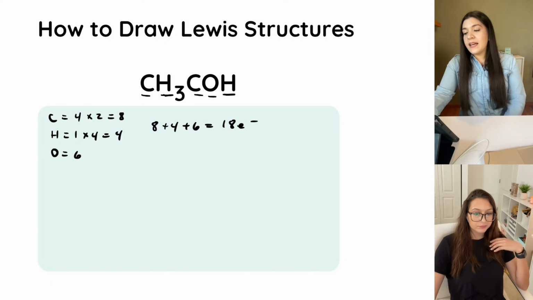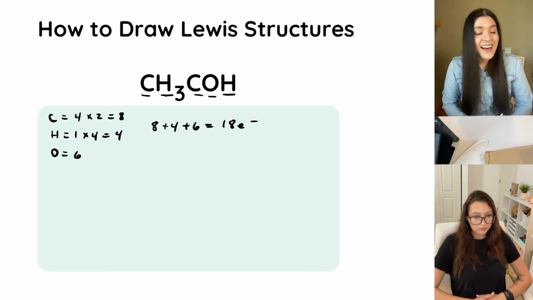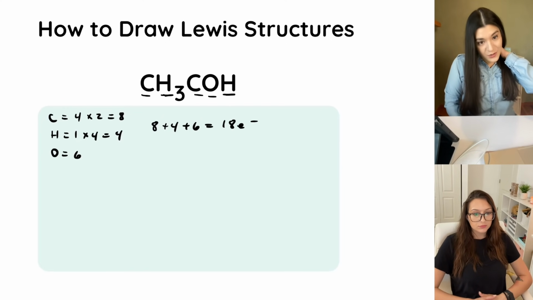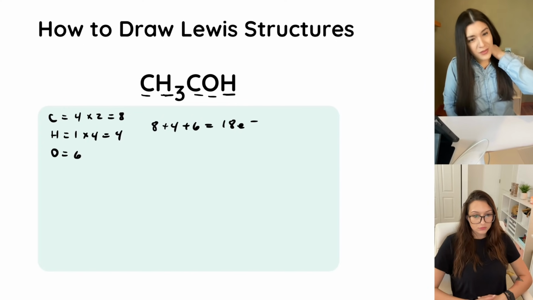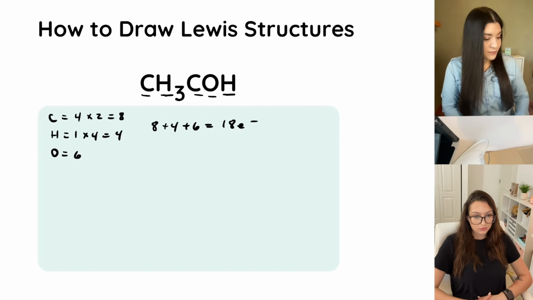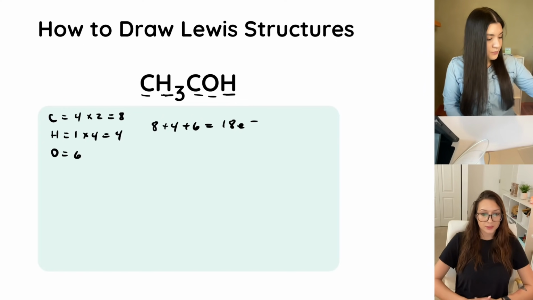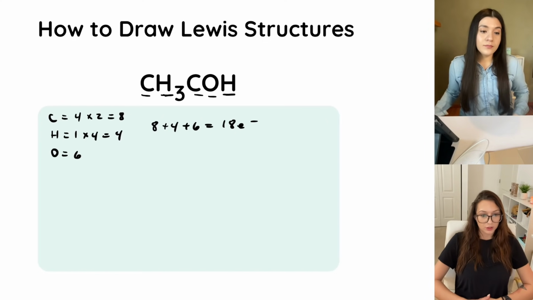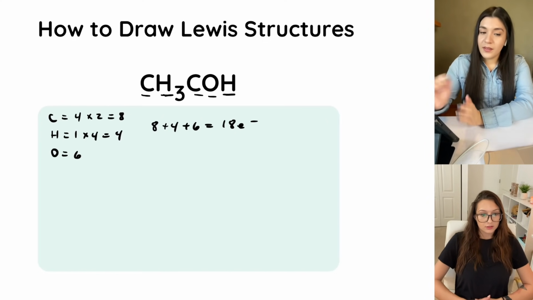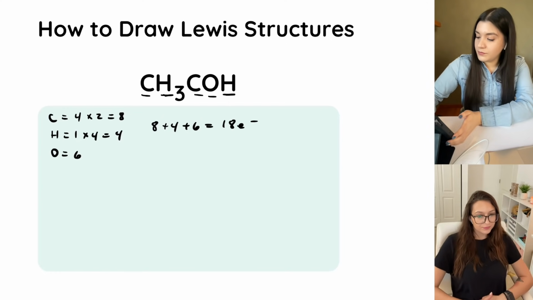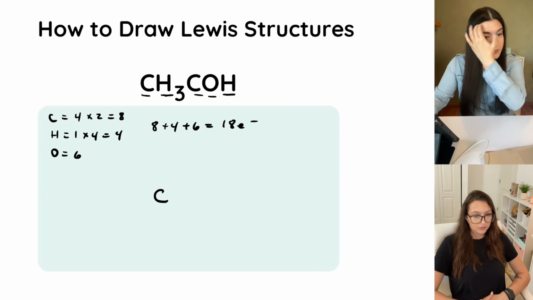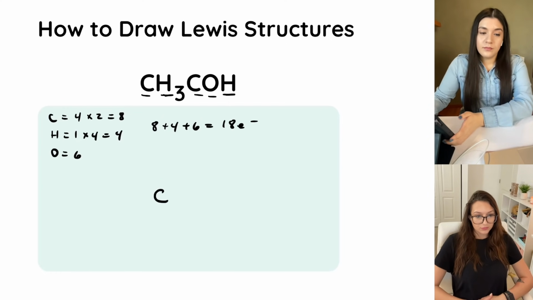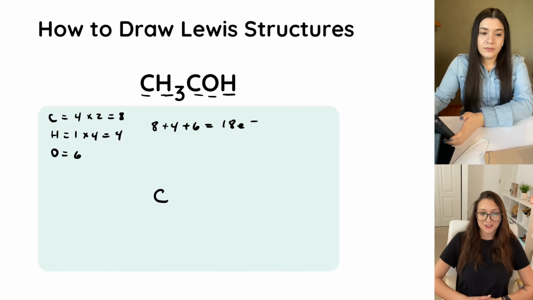Now, looking at this, what are our central atoms? We're going to have two central atoms. What do you think they are? Carbon is one of them. Can we have carbon again?